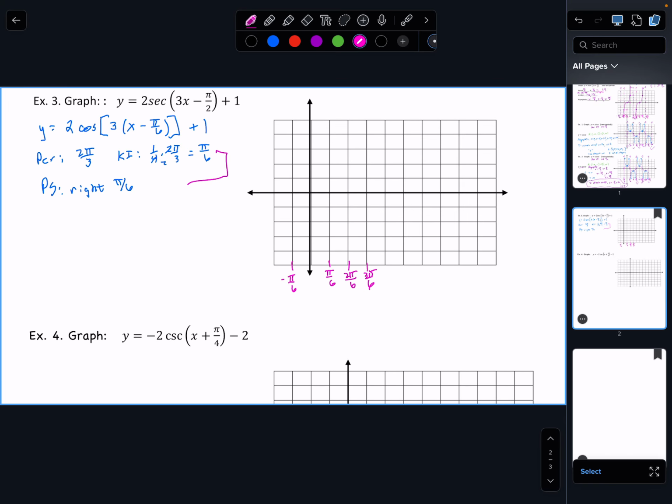And since we have to do it for 2 periods, I don't know if you want to add another period right now. And that would be at 4 pi 6, 5 pi 6, 6 pi 6 is pi, and 7 pi 6.